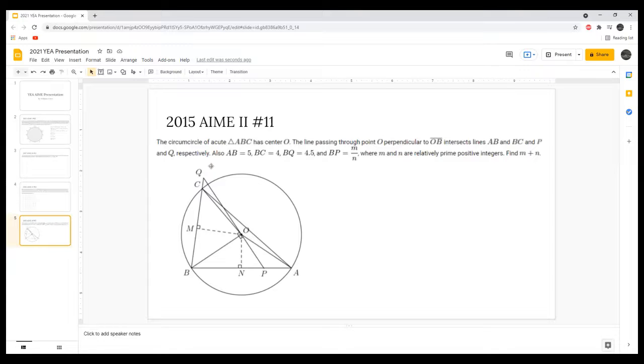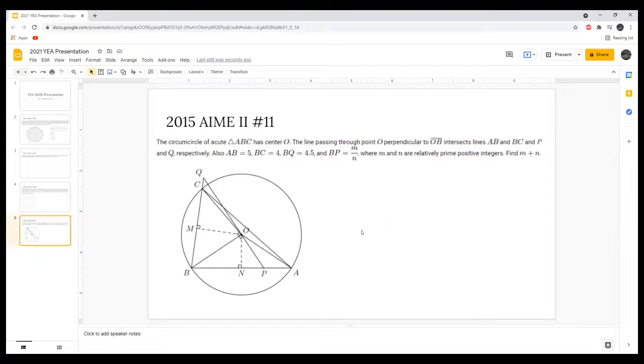We have this circle here with points A, B, and C on it, and with center O. The line passing through O perpendicular to OB is line PQ, where P is on AB and Q is on the extension of line BC through C. So we are given AB is equal to 5, BC is equal to 4, BQ is equal to 4.5, and they want us to solve for BP.